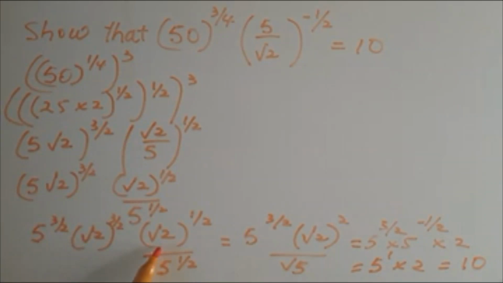which combines with this base root 2 raised to the power of half, which you can simplify to root 2 squared, which is root 2 times root 2, which gives us 2.